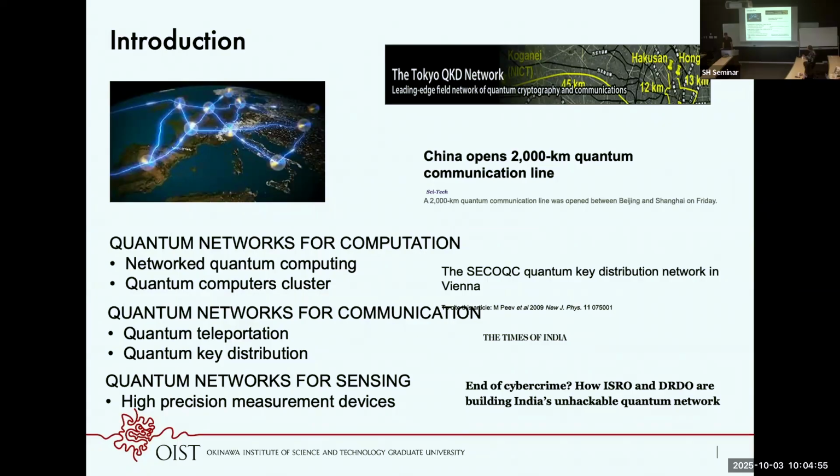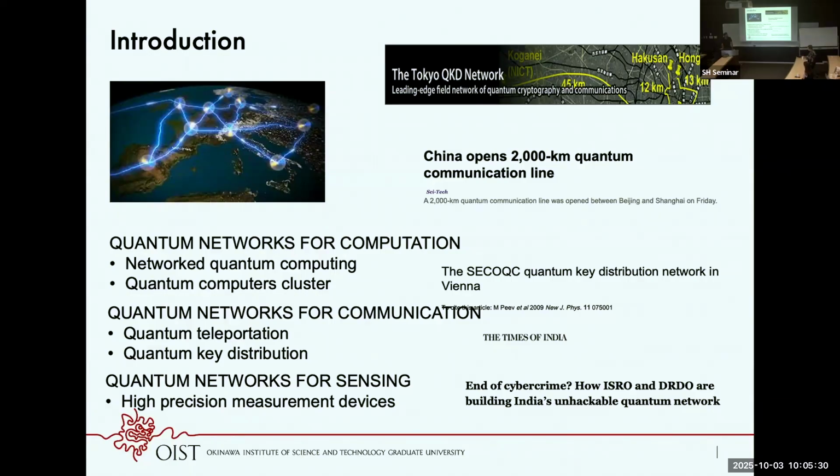Then we can use quantum networks, distributing qubits or entangled states, for communication. The advantage in this case is, for example, when you apply QKD, or quantum key distribution, the security could be higher. And then also quantum networks for sensing, which will increase the precision of measurements.